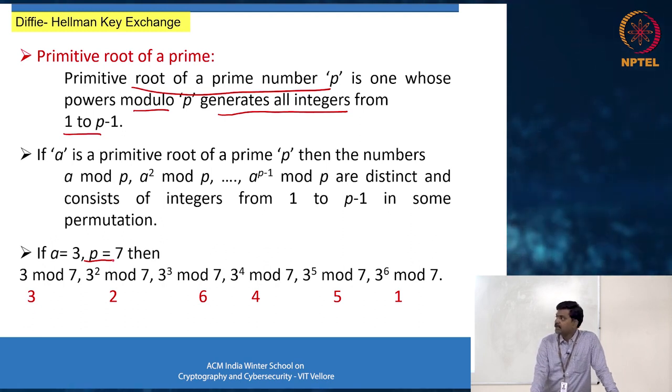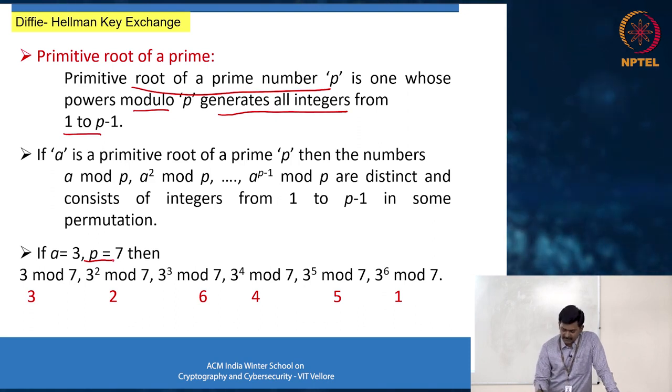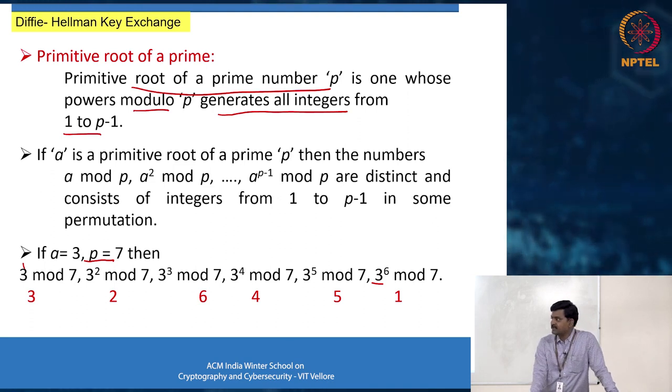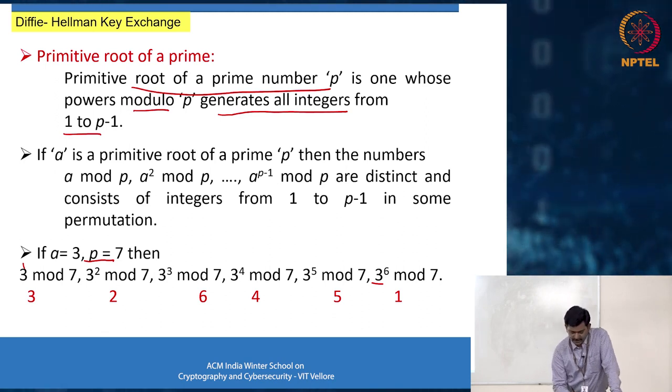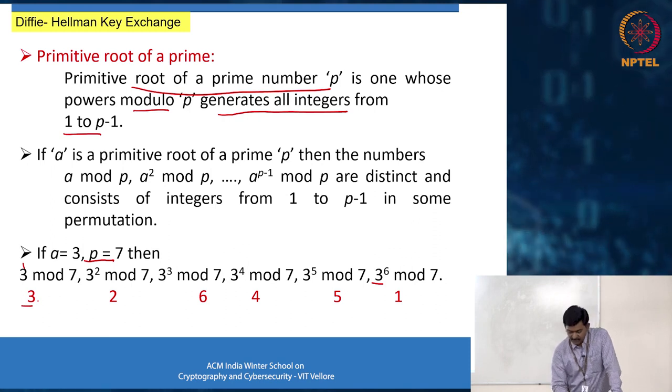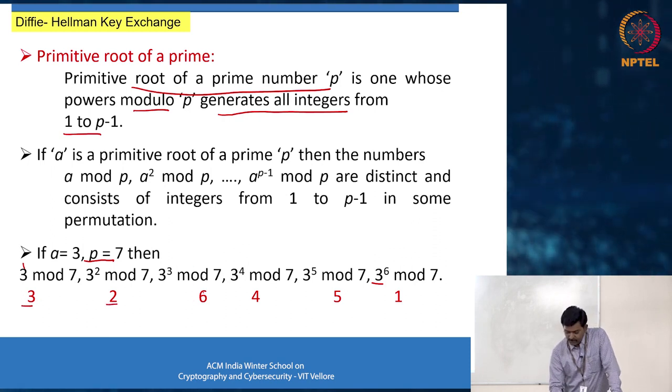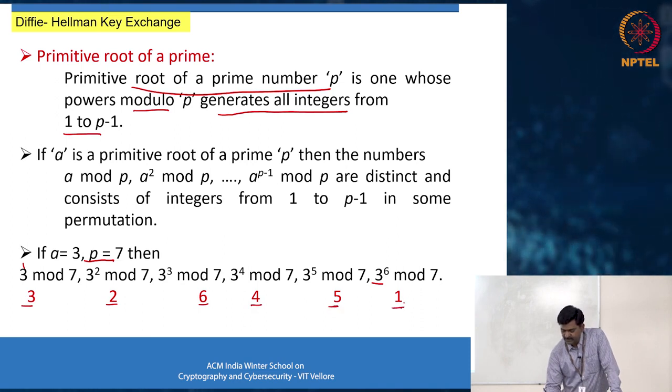Up to this prime number minus 1. What is the prime number I have? 7. 7 minus 1, that is 6. So 3 power 1 to 3 power 6 at mod 7. What are the values I am getting? If you notice, 3 mod 7 is 3, 3 square mod 7 is 2, 3 cube mod 7 is 6, 3 power 4 mod 7 is 4, 3 power 5 mod 7 is 5, 3 power 6 mod 7 is 1.